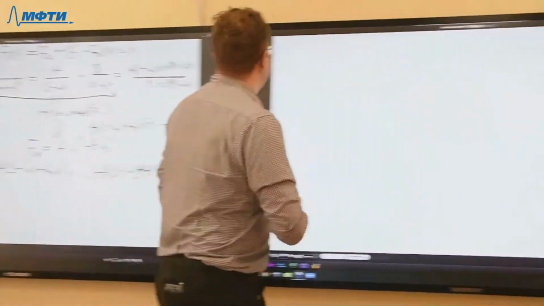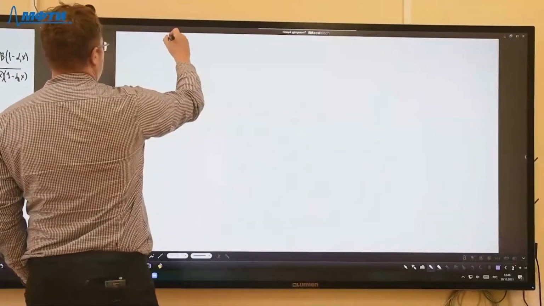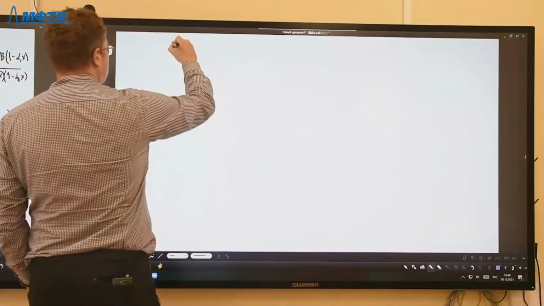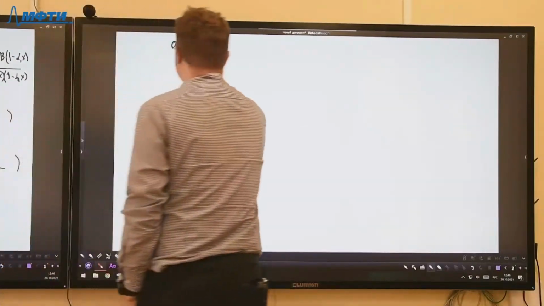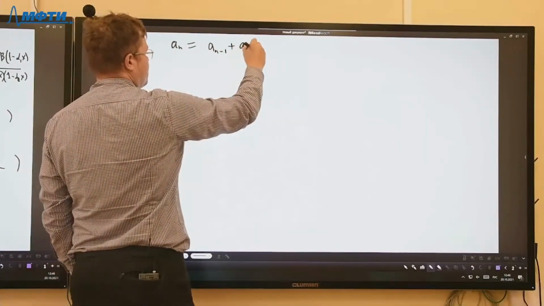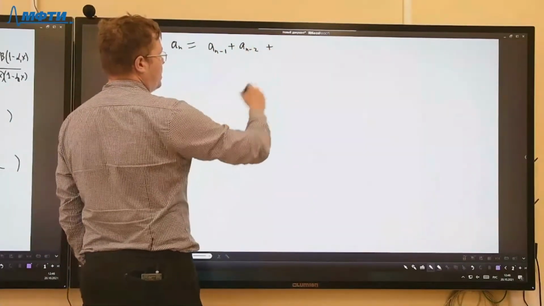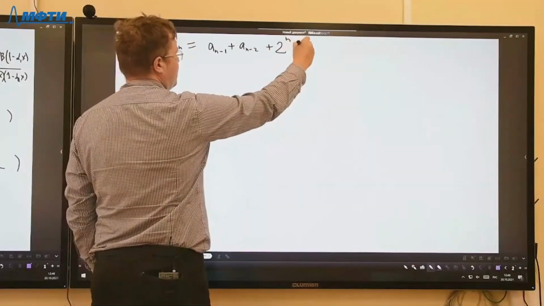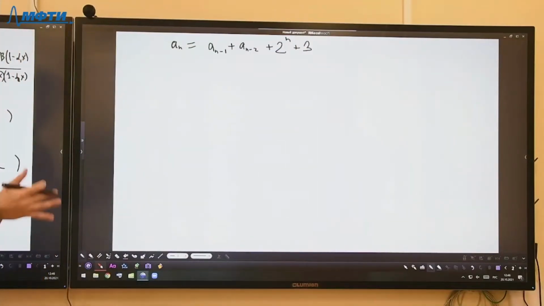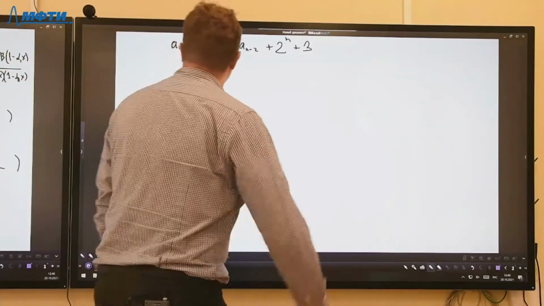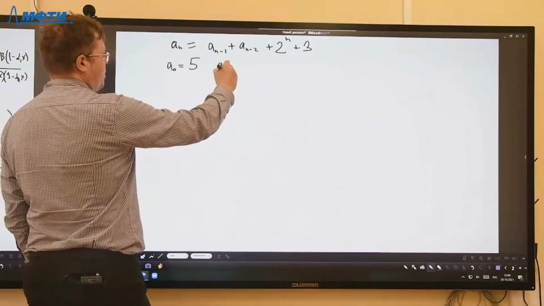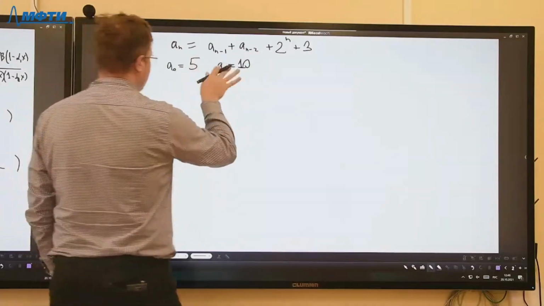Suppose we have a sequence an such that an is equal to an minus 1 plus an minus 2 plus 2 to the power n plus 3. And we have some initial values. So for example, a0 is 5 and a1 is 10. It doesn't matter right now.